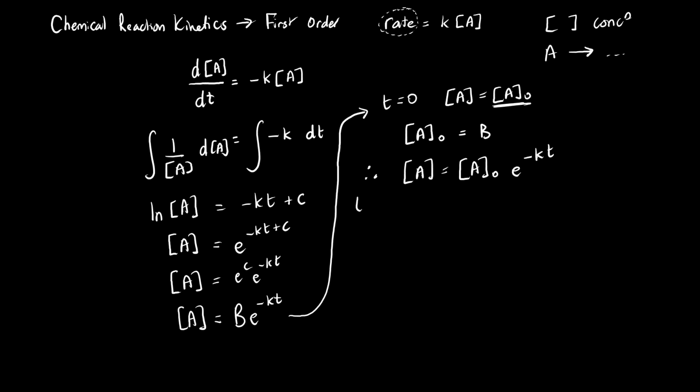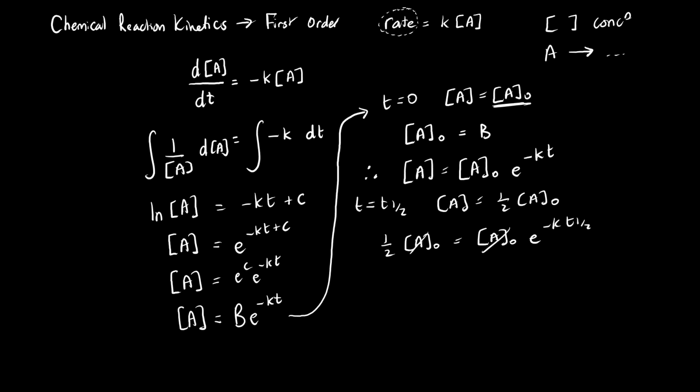We can also do something with the half-life. At the half-life, the concentration of A is half its initial concentration. Put that in, so I've got half A0 is equal to A0 e to the minus k t a half.